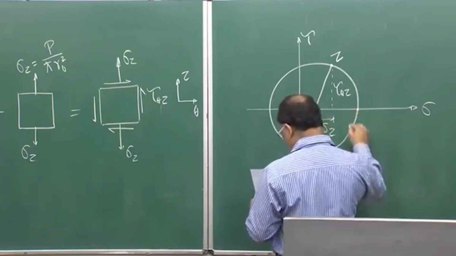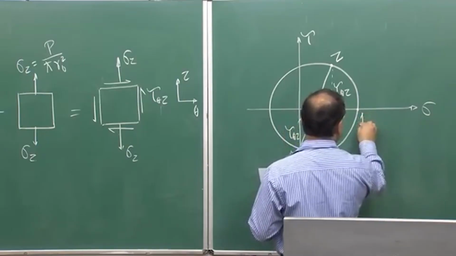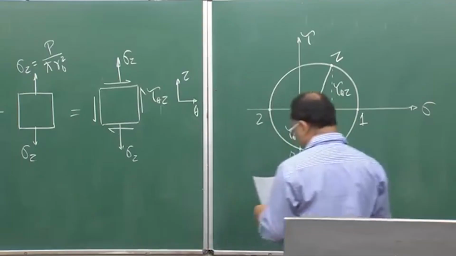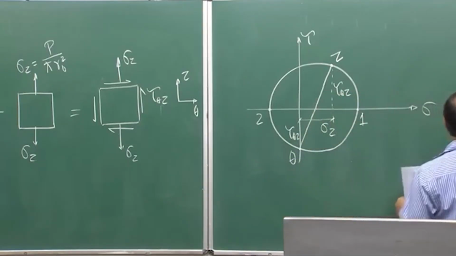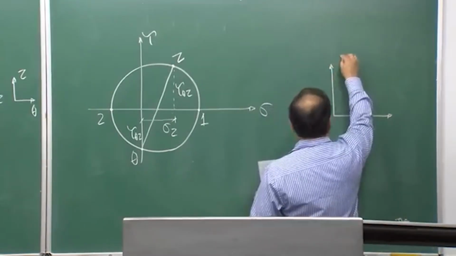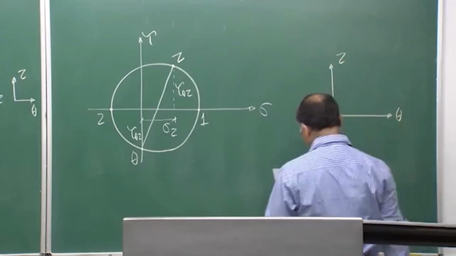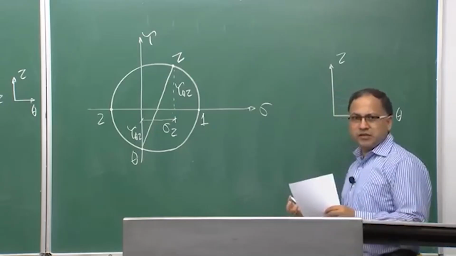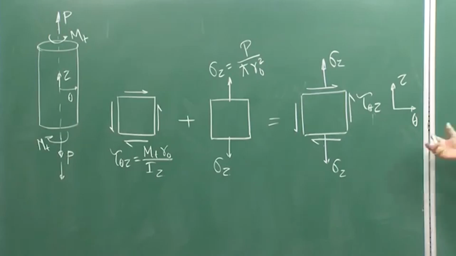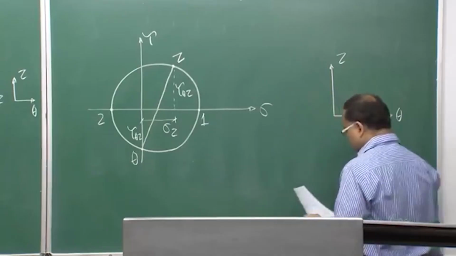Now, this is your point 1, this is your point 2. Okay. So, you can draw. So, this was your z theta coordinate system. We are not doing anything new, everything is known to you, only thing is that we are just representing this combined state of stress in the Mohr circle.